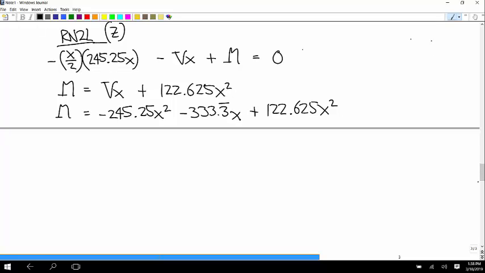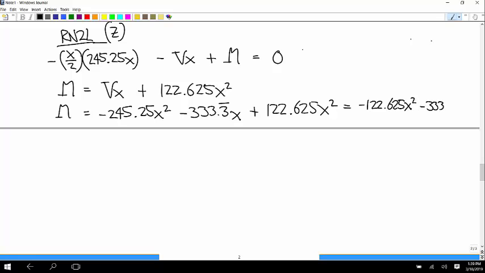And you get a value that comes out to be negative 122.625 x squared minus 333.3 repeating x.